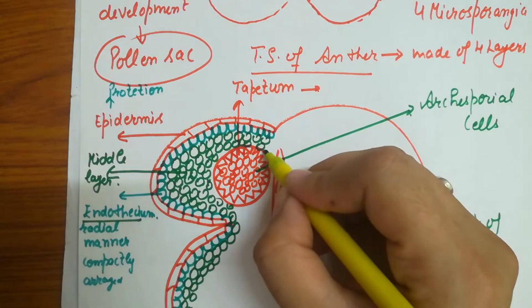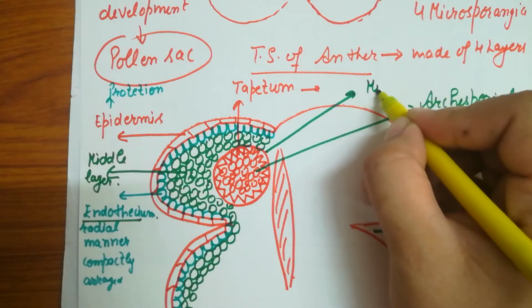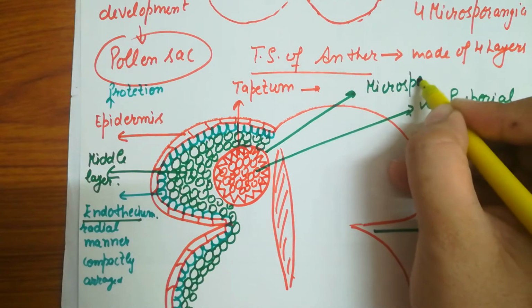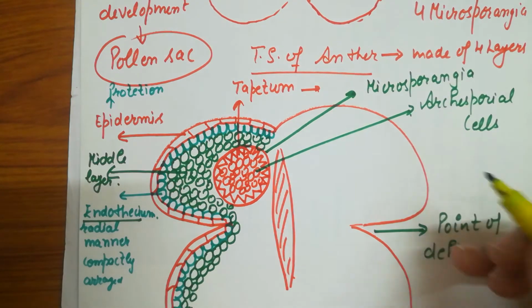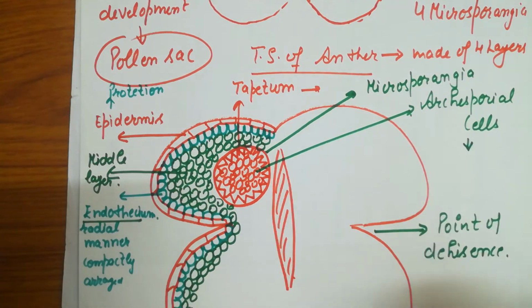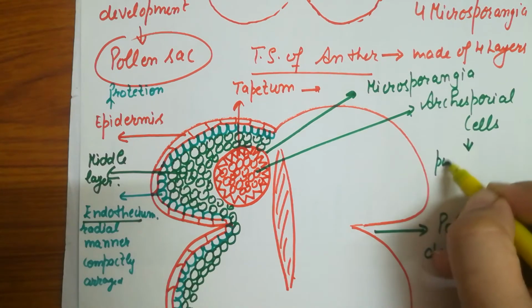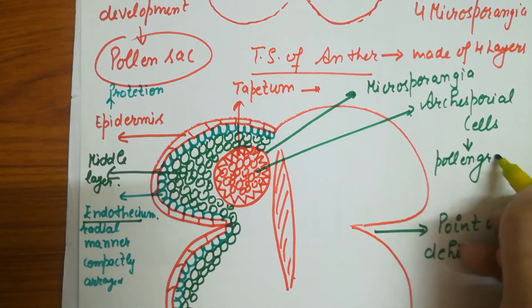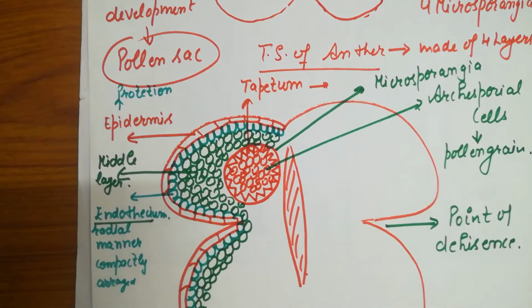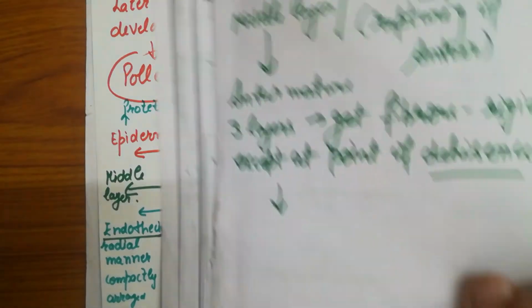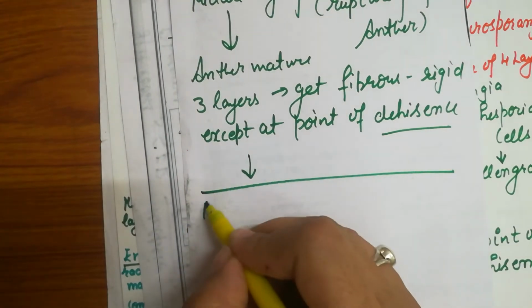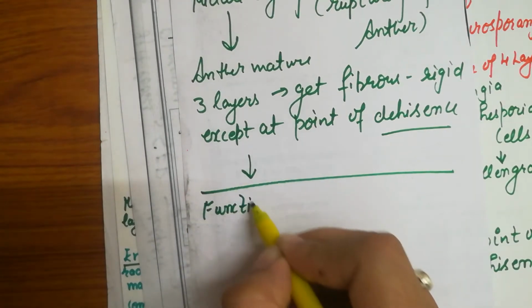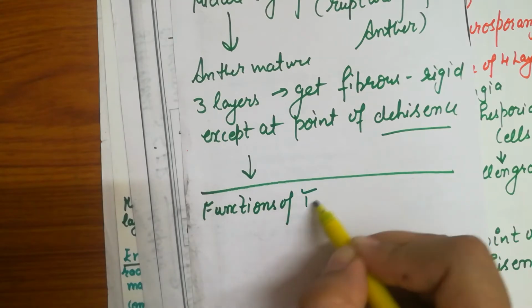What is this structure? This structure is the microsporangia. And these archisporial cells give rise to pollen grains. But before we discuss how pollen grains are formed, we first need to understand the functions of tapetum.